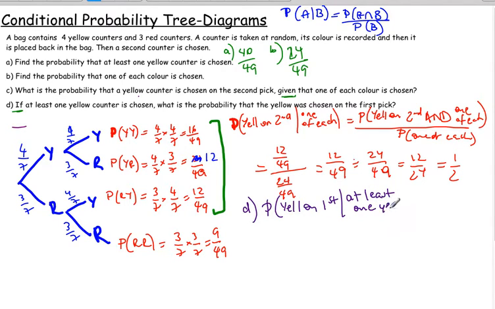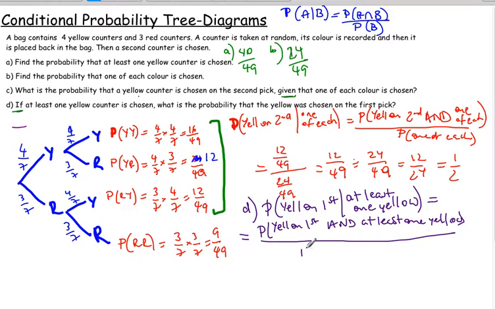So, using the rule, I want the probability of yellow on first and at least one yellow, divided by the probability of the second part, which is at least one yellow.